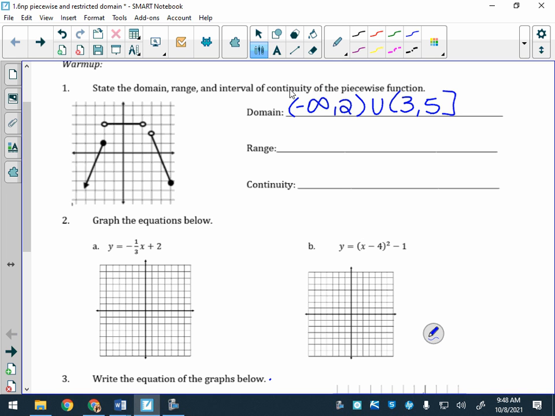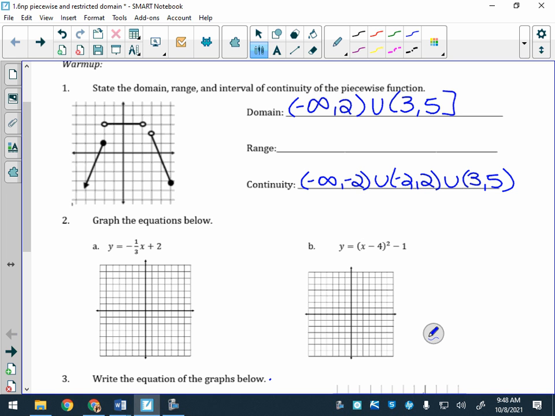So intervals of continuity only uses parentheses. So this is your interval of continuity. However, any bracket you see is a parenthesis. Okay? So we first do this first interval, negative infinity to negative 2, union, negative 2 to 2, union, 3 to 5.